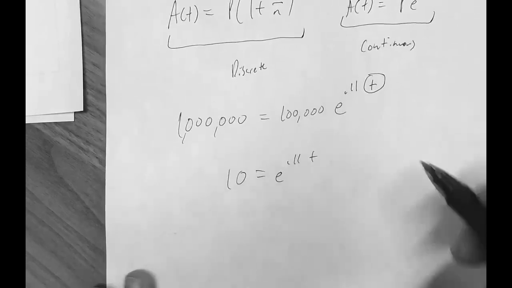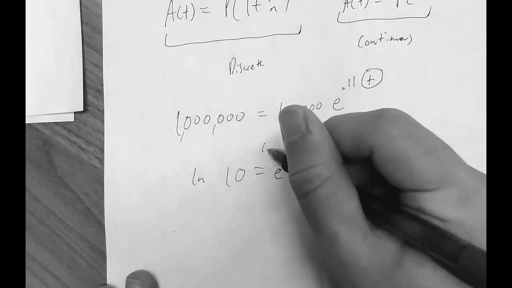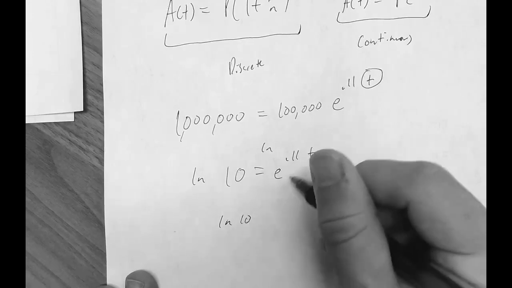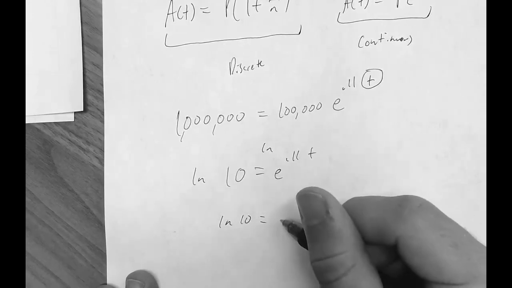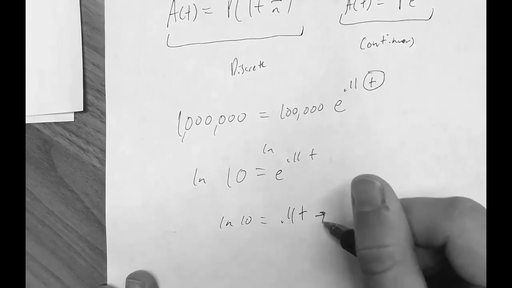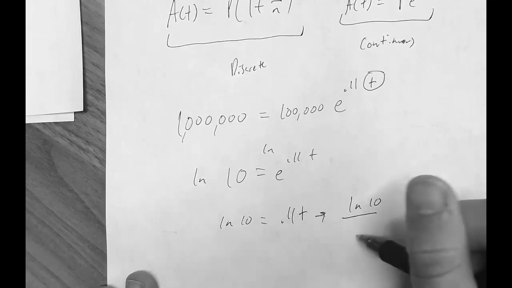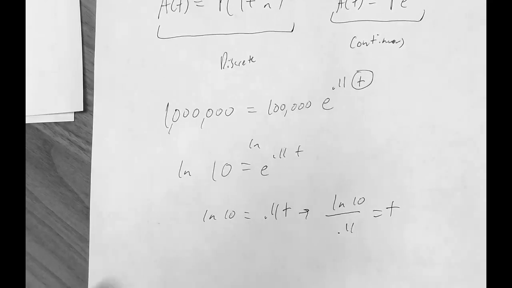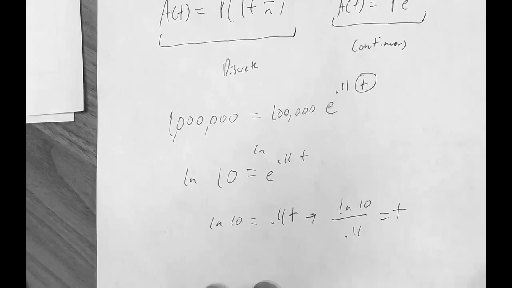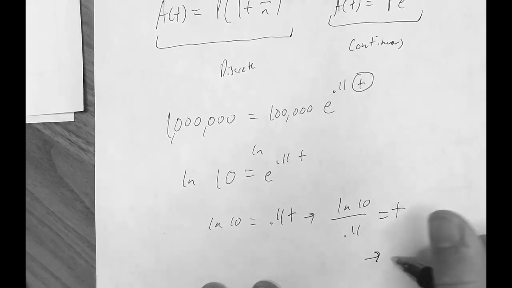And this is when you take the log. You take the ln of both sides here. You get ln 10 to undo this e equals 0.11t. So your answer is ln 10 over 0.11 equals t. On the calculator, ln 10 divided by 0.11 equals about 20.9 years.